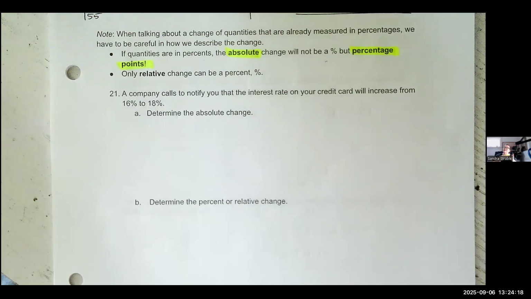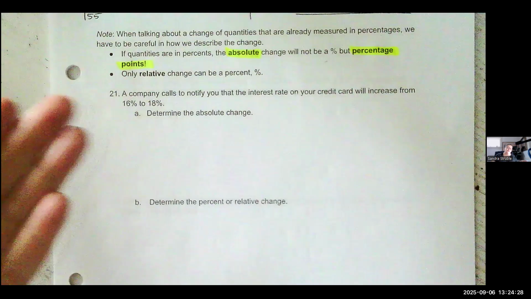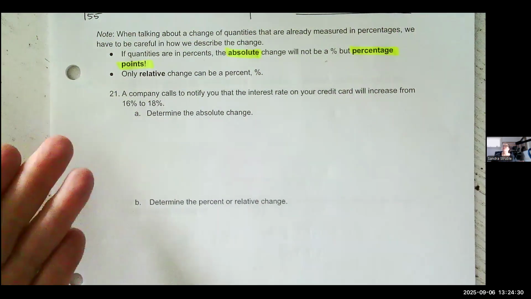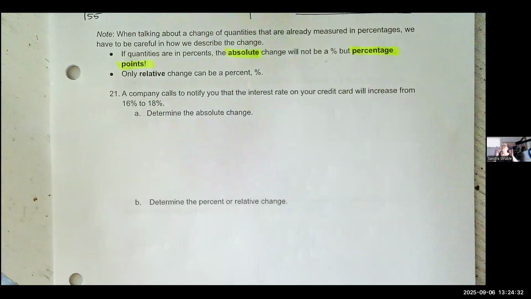Where you see this the majority of the time is during elections. You'll hear them talk about percentage points, and then they'll say something about percents. If you don't have the knowledge base that percentage points is just the actual change from one number to the next, that's all it is. It's not truly a percent.